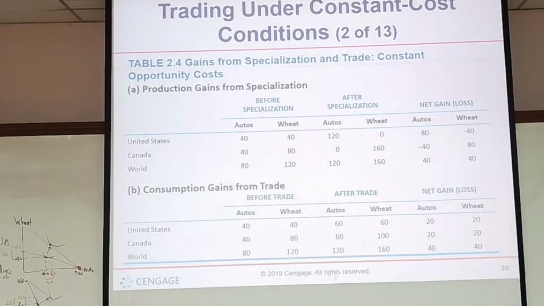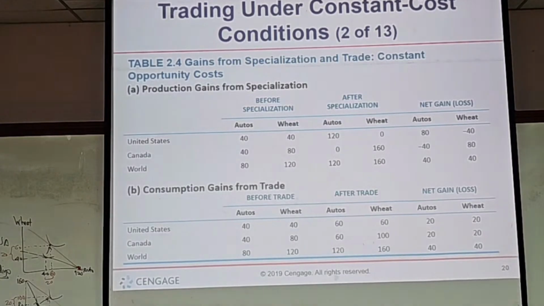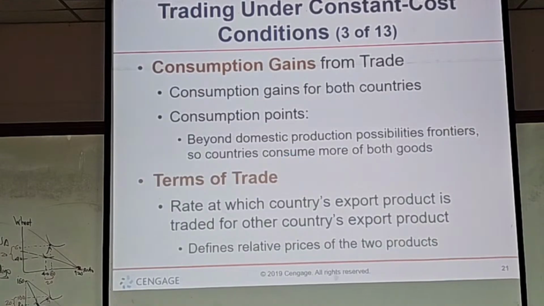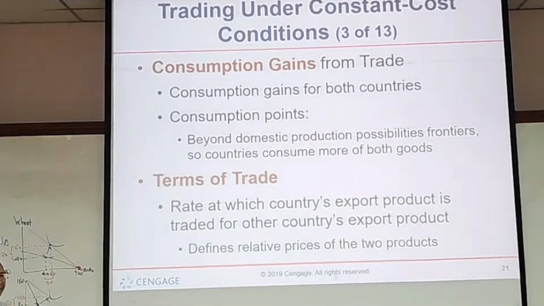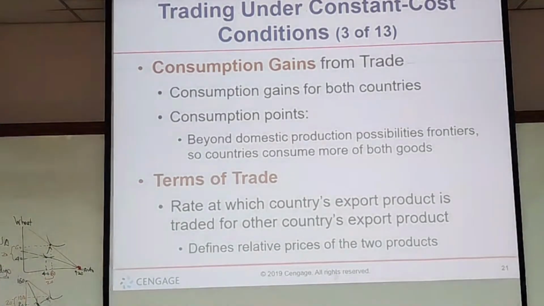Just one world. That's the beauty of trade. You can consume more.